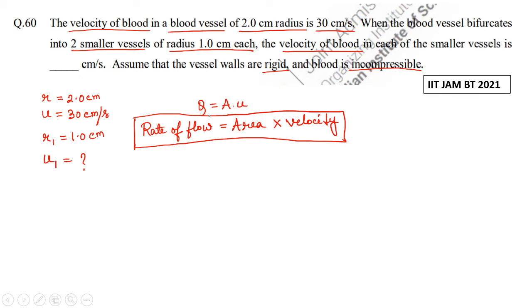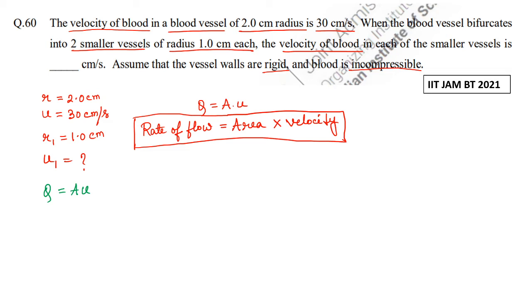This was our formula. Rate of flow of blood equals area of the vessel times velocity of blood in the vessel. So now we can use Q equal A into u. Okay, this is true for the larger vessel, the initial blood vessel.